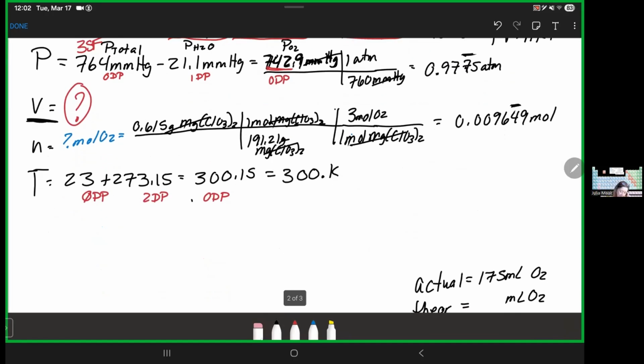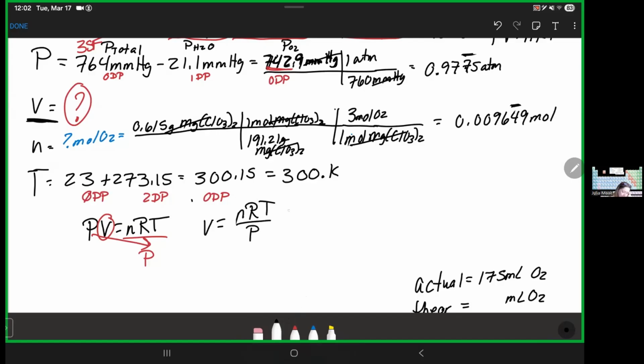Now we know we're using PV equals nRT, and we are isolating V, so we're moving P down to the bottom on the other side. So V is equal to nRT over P. My V is equal to my number of moles, which we got as 0.00965, rounded.